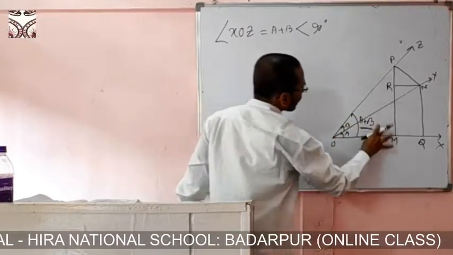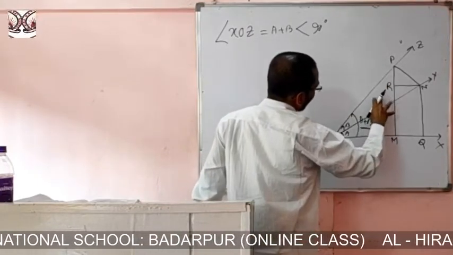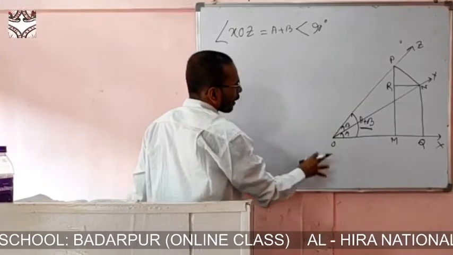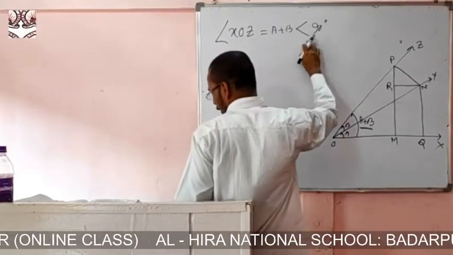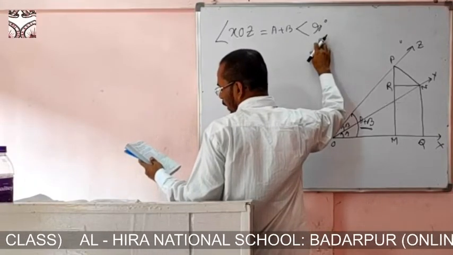This means A plus B is an acute angle. So angle XOZ equals A plus B, less than 90 degrees.